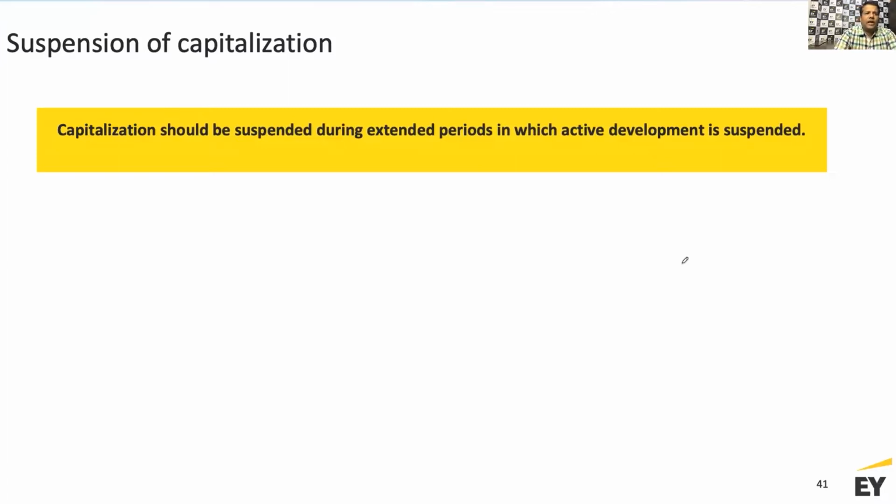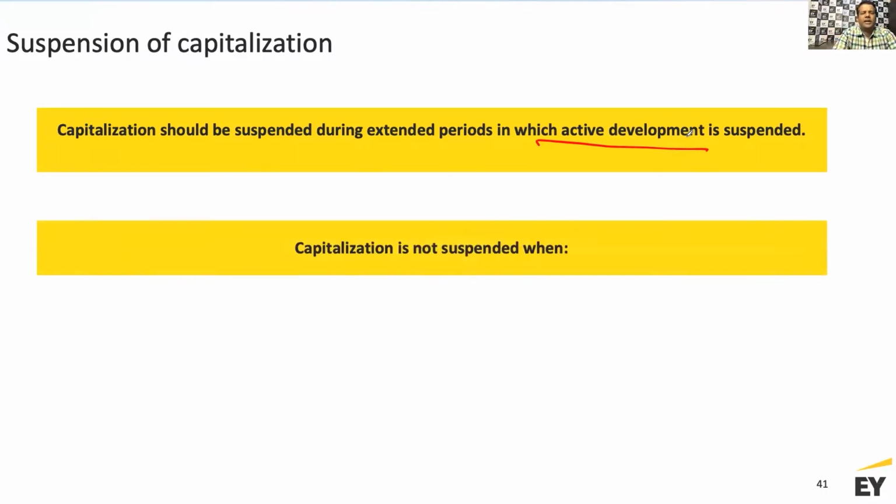Capitalization should be suspended during an extended period in which active development is suspended. So if you're not doing any construction activity, if it is not moving towards completion and is just standing still, then a judgment has to be made on whether to stop capitalization of interest cost.